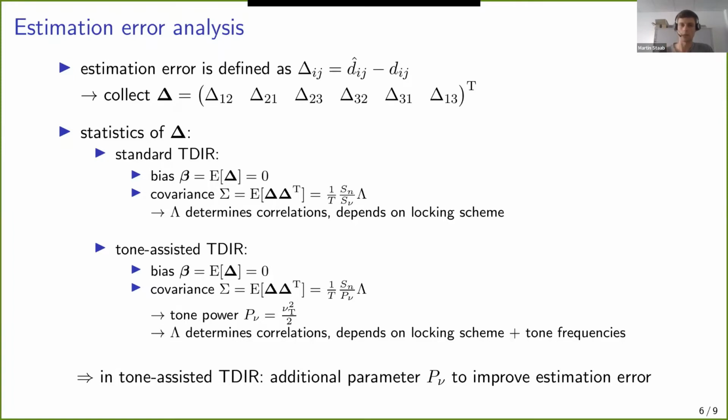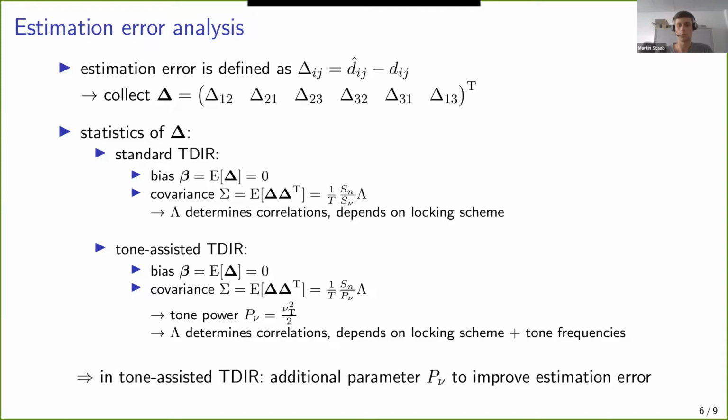And then we also have this matrix lambda, which determines all the correlations between the six arms, and is also dependent on the locking scheme. For tone-assisted TDIR, we are still unbiased, and the covariance matrix looks really similar, except that instead of the laser frequency noise level, we now have the tone power, which is given by this expression.